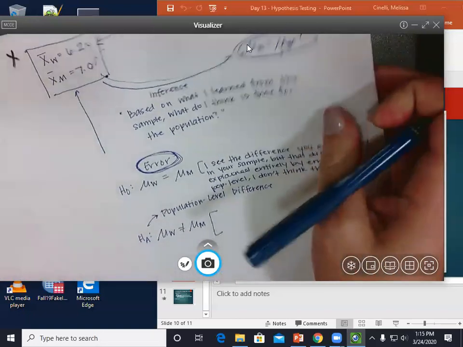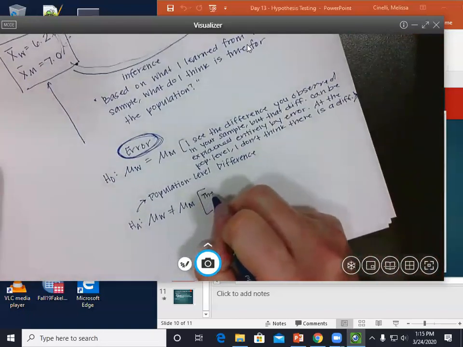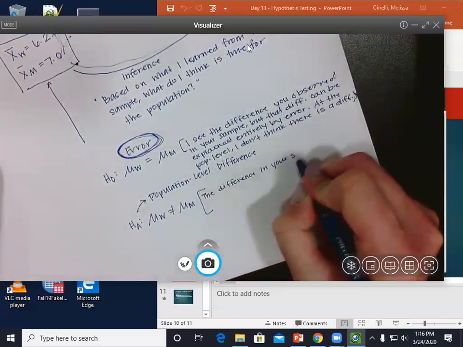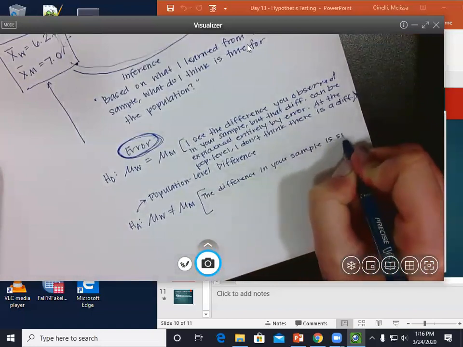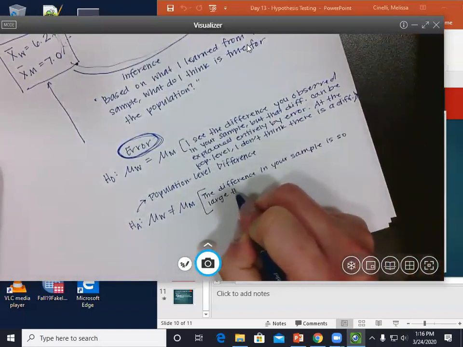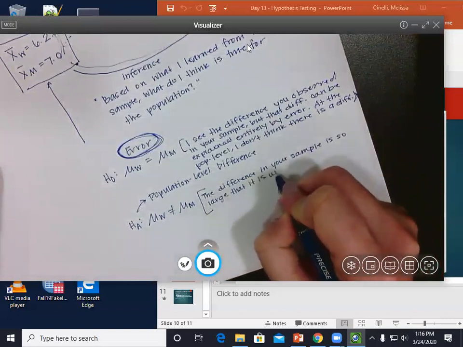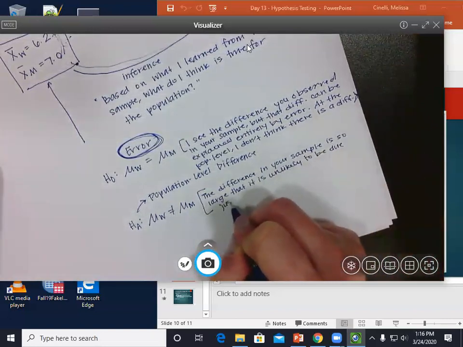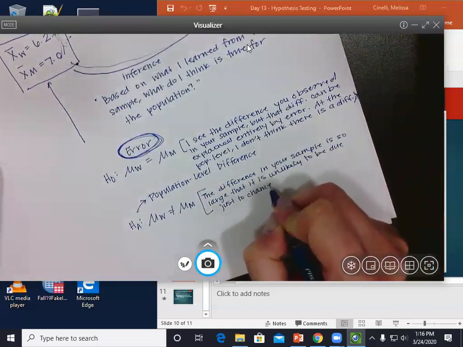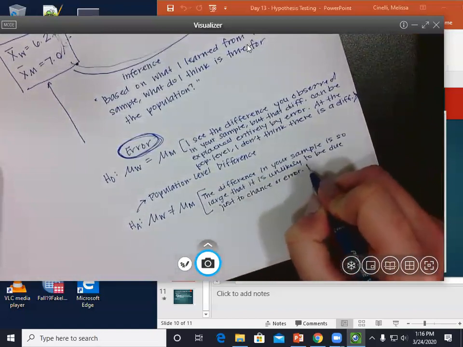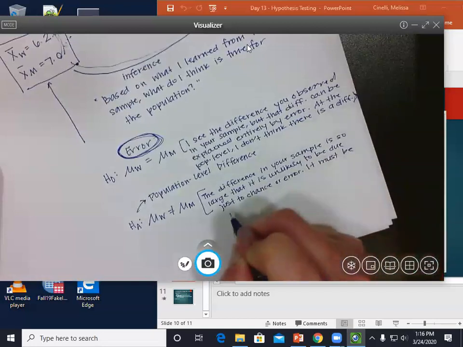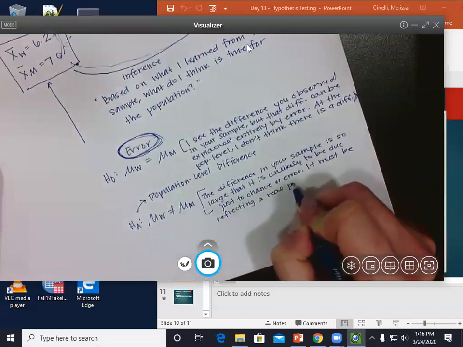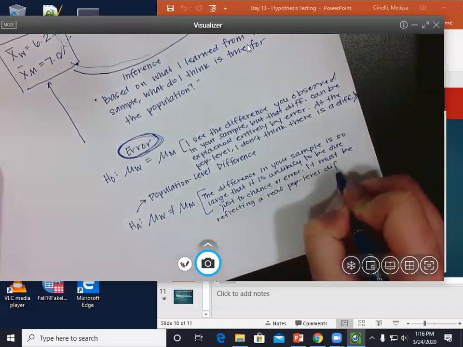And specifically, it is saying that the difference in your sample is so large that it is unlikely to be due just to chance or error, right? It must be reflecting a real population level difference.